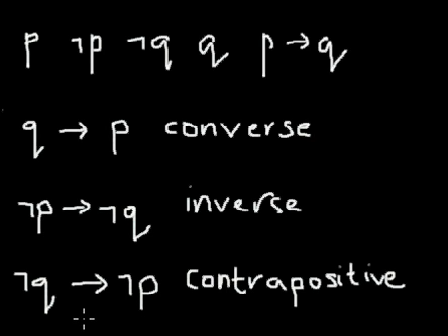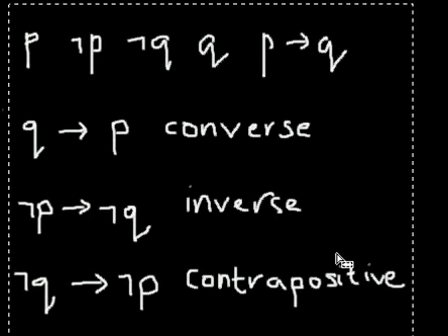Now the interesting thing is that some of them are logically equivalent, and you can easily prove that using a truth table. We need to construct a truth table and see which of these implications are equivalent.